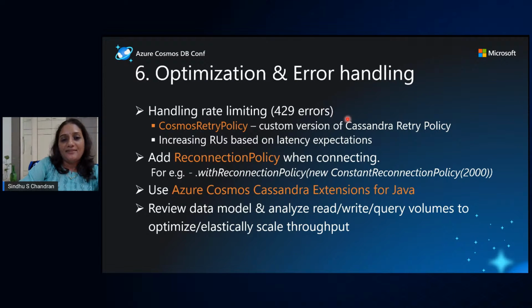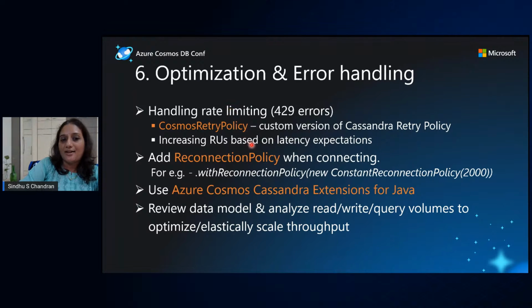And this is again very important to know. So one of the first things that you face when you probably move is the rate limiting issues. So in the case of Kirana Cube, the jobs were failing because of lesser RUs, and you don't really want your jobs failing because of it. So there are two options.